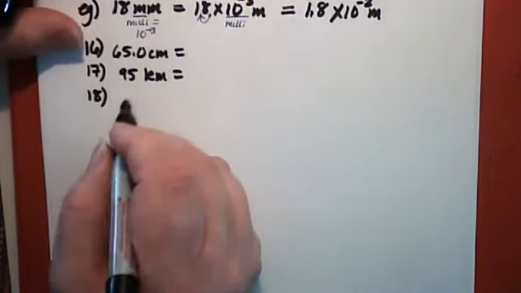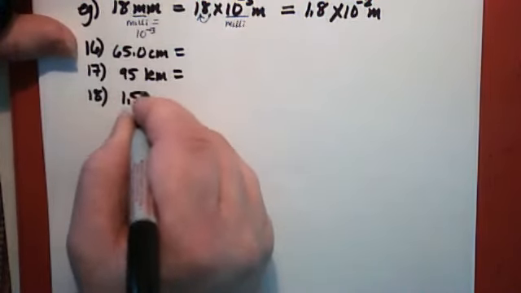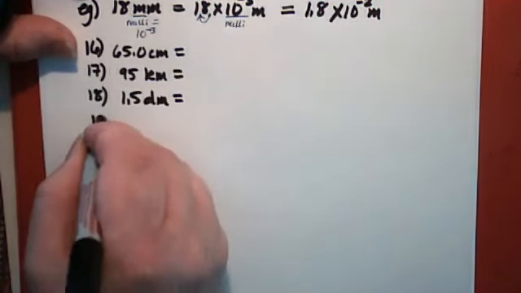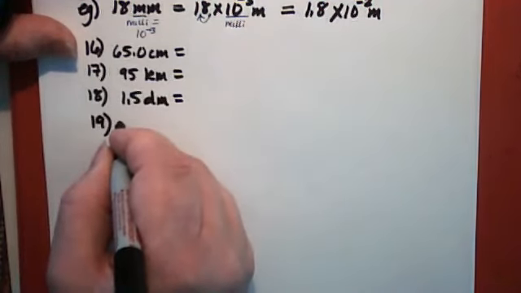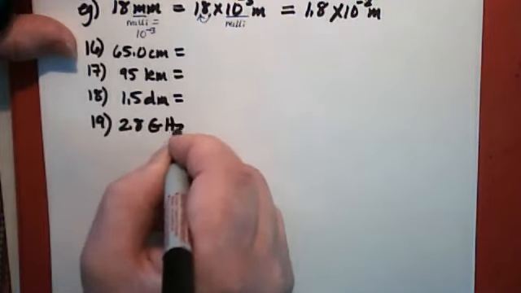Then we have 1.5 decimeters. And then we have 2.8 gigahertz.